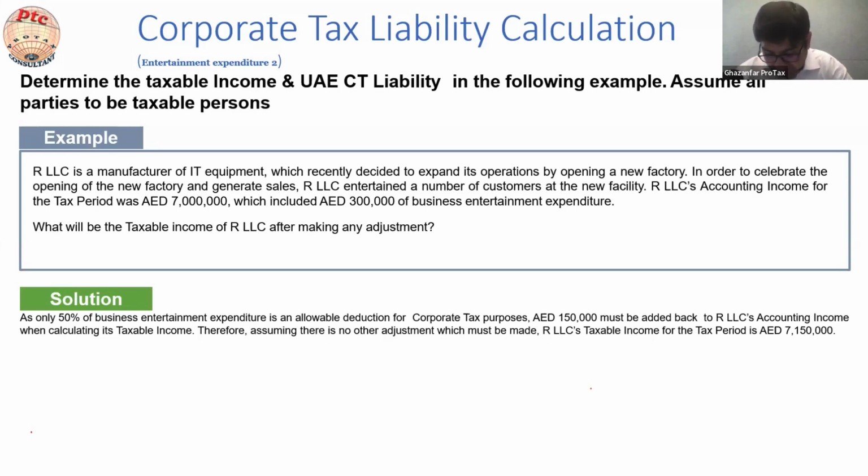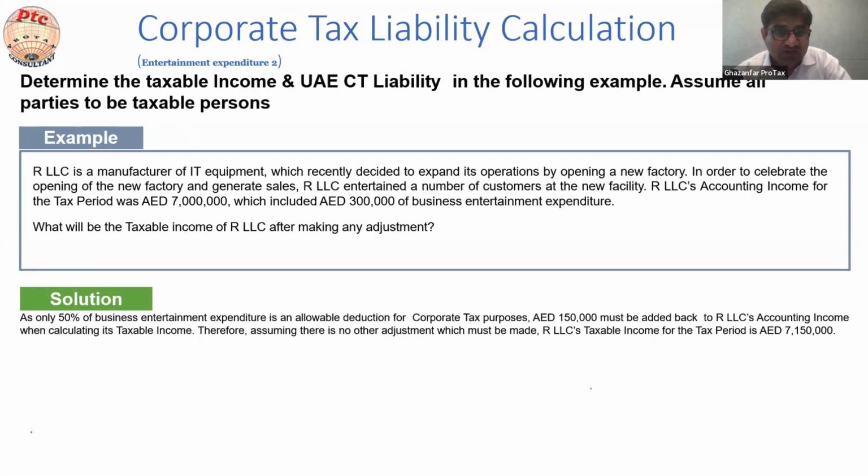Fawad Aziz said the 50%, 300 add back. No, Fawad, you are not giving the appropriate answer. I think now you will understand what the appropriate answer is. We take the 7 million in which 300 is included, which means if we remove this, the accounting profit will be 7.3 million. But now we are saying 50% is disallowed.